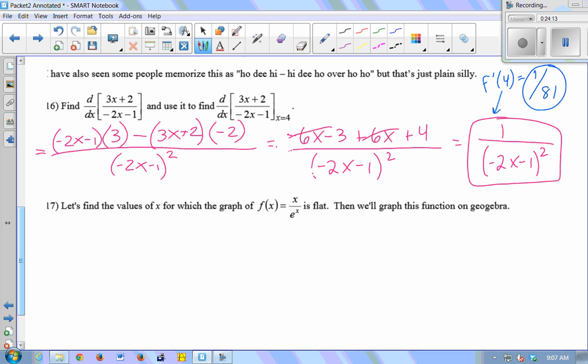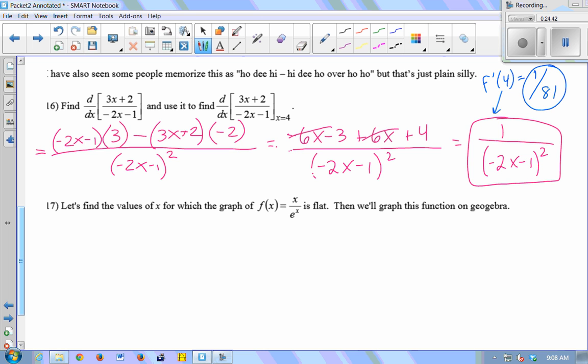So the next example, I'm supposed to try to find values of x for which the graph of f of x is flat. So a graph is flat when its tangent line is what? All tangent lines are linear.